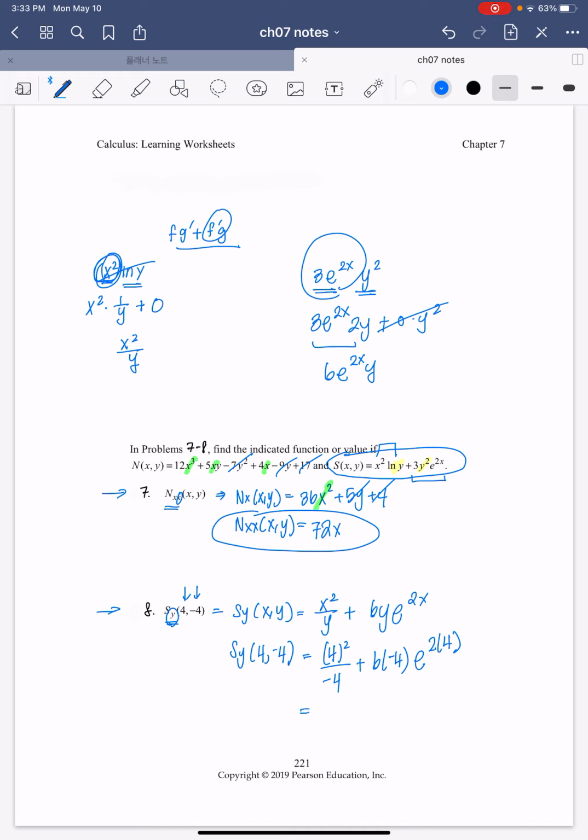So this will be 16 divided by negative 4, negative 16, minus 24e raised to the 8th power. Using the calculator, I get approximately negative 71546.9917 as a final answer. Okay?